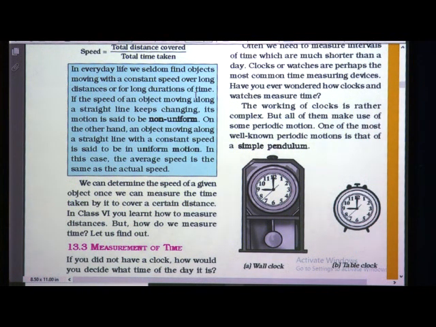Then, if the speed of an object moving along a straight line keeps changing, its motion is said to be non-uniform. So, read, children, what it is.